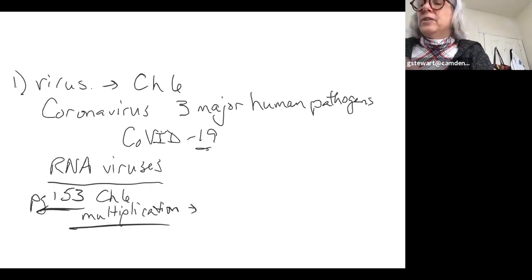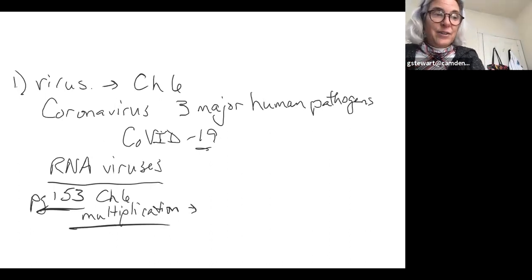So animal virus, so it has to bind, it has to adhere, adsorb, we called it adsorption, penetrate, uncoat, because we need to get rid of those spike proteins and the outer shell of the virus, the envelope. I believe it is an enveloped virus. Then synthesis, remember you have to make viral, in this case, RNA and viral proteins, assembly and release.